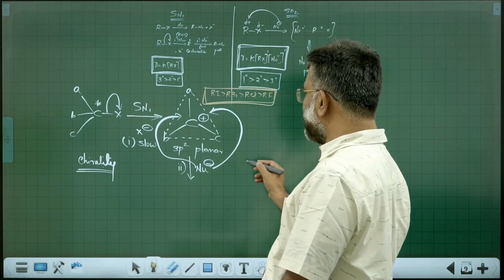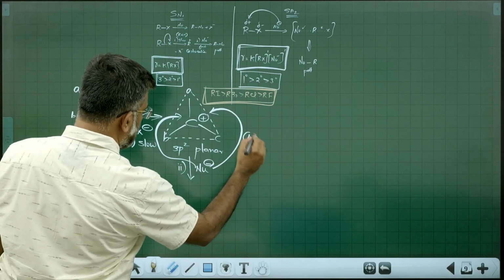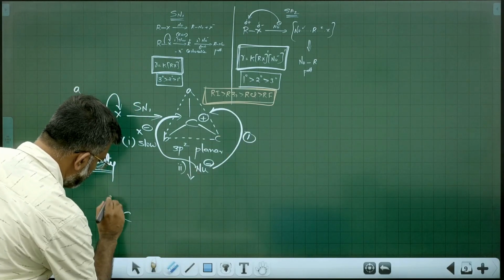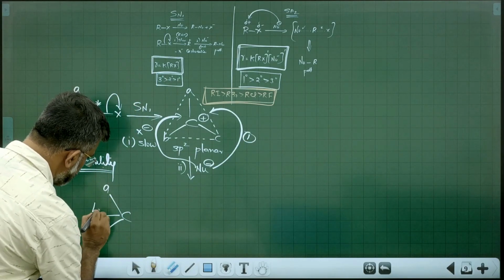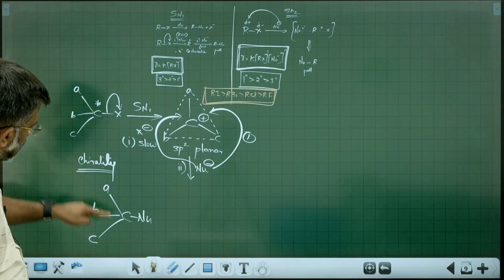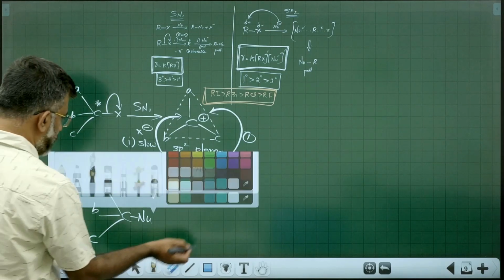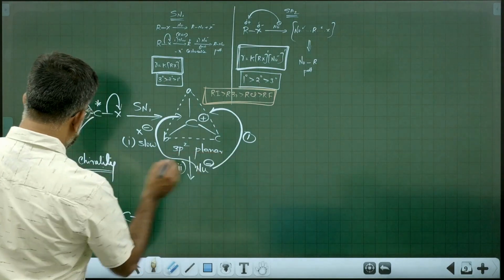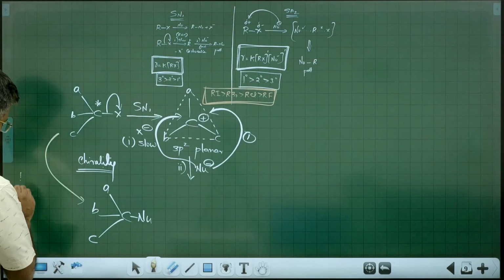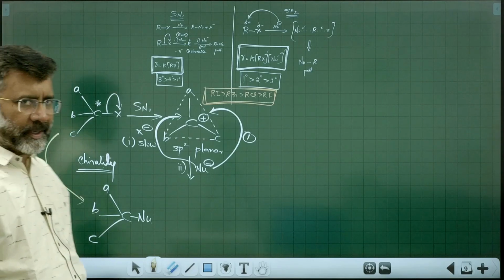Suppose the nucleophile is attacking from this side. The product will be like this. That means the reactant and product have the same configuration. We call it retention. Retention means retaining the configuration.